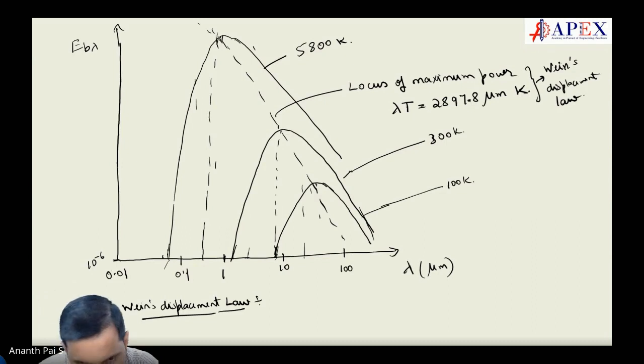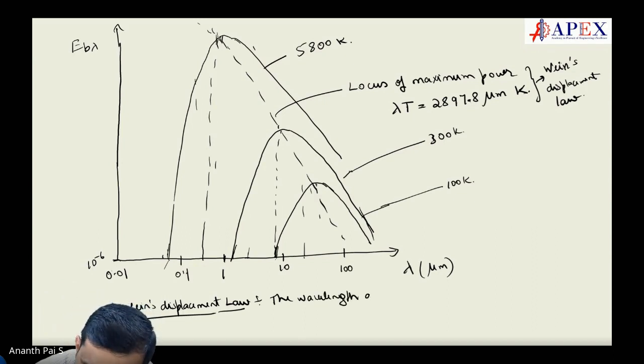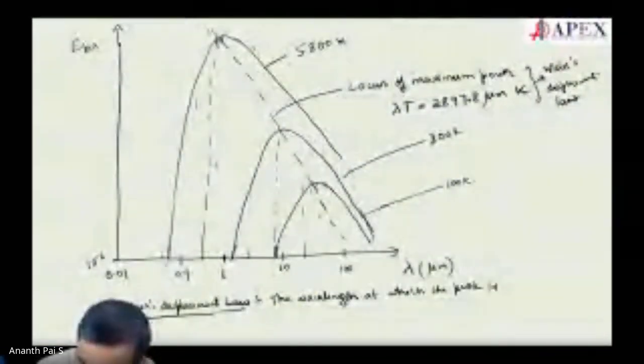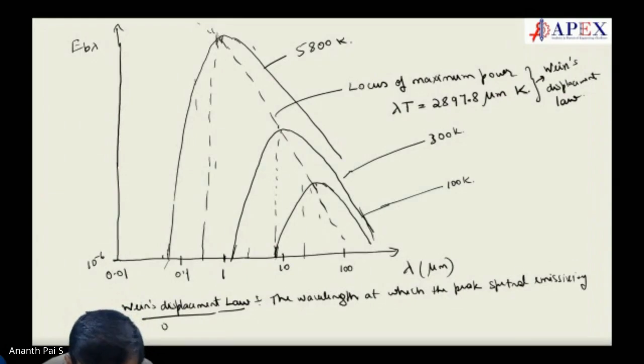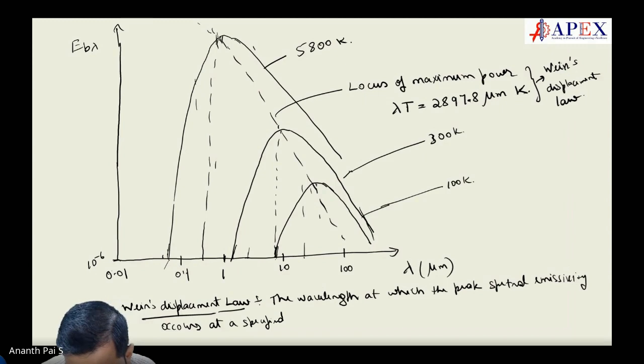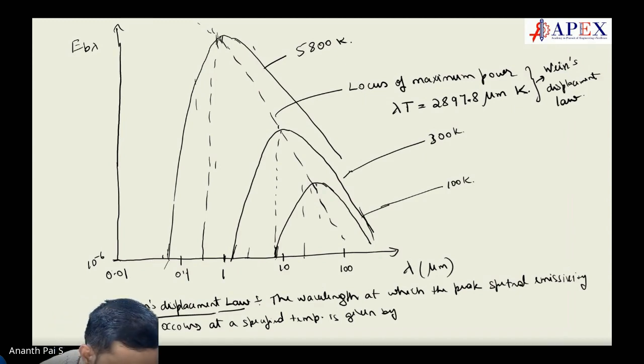Displacement law. It states that the wavelength at which the peak spectral emissivity occurs at a specified temperature is given by lambda T for maximum power.